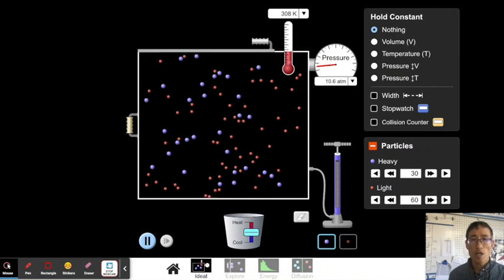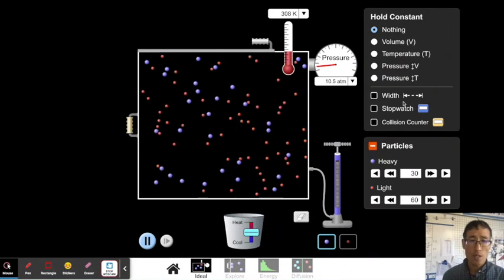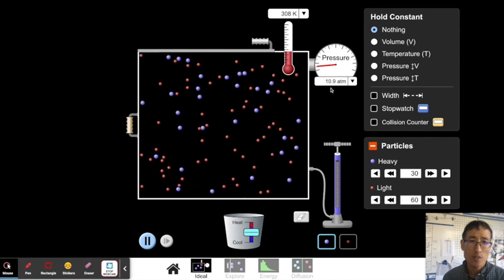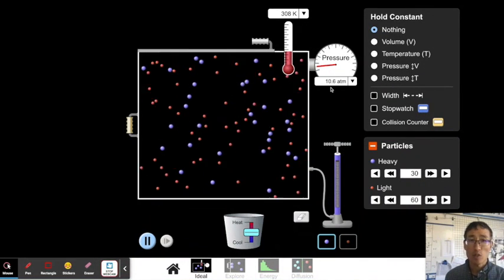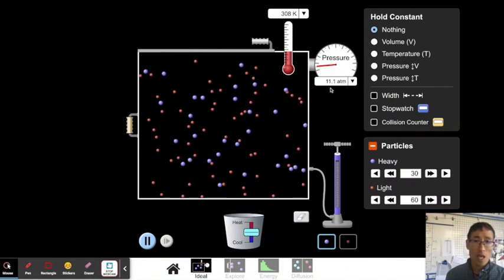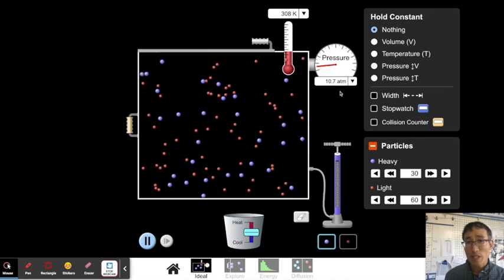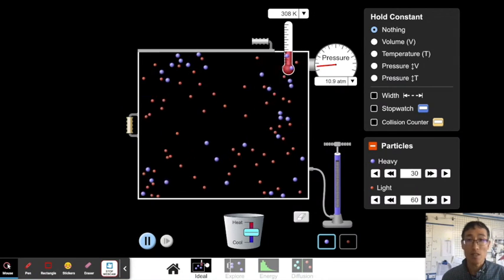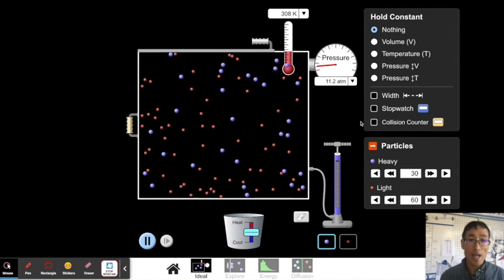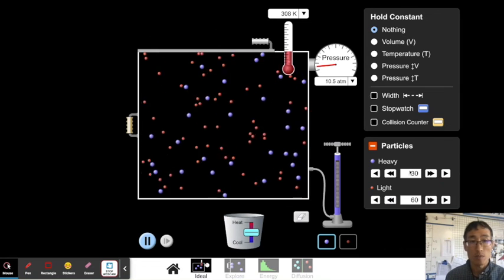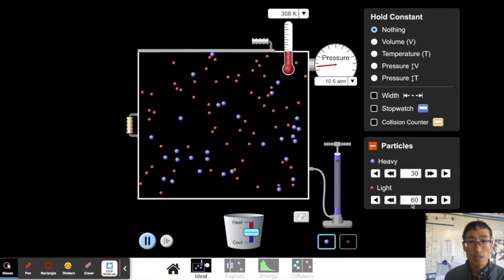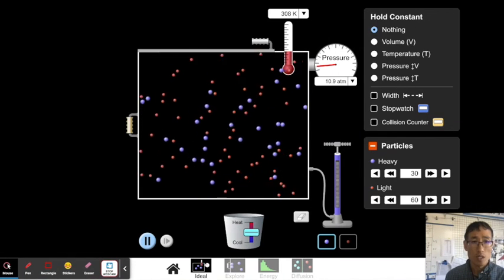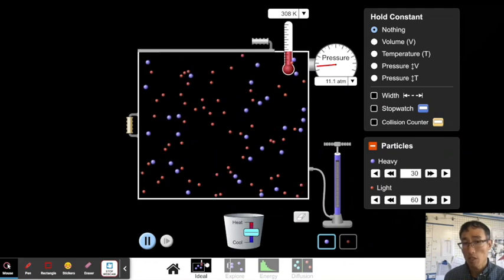So let's say we have this gas mixture now, and I have a total pressure of about 11 atmospheres. You can see it's moving around a little bit, but my total pressure is about 11 atmospheres. And I want to figure out the partial pressure of each of my gases. I have 30 heavy particles and 60 light particles, giving me a total of 90 particles.